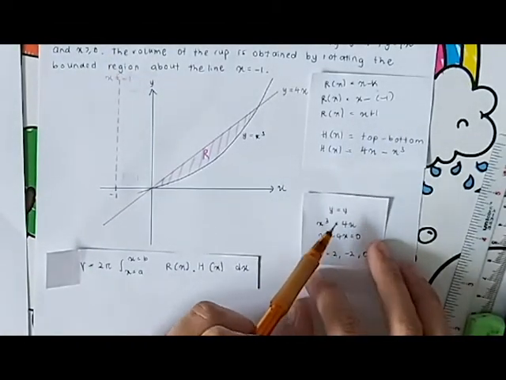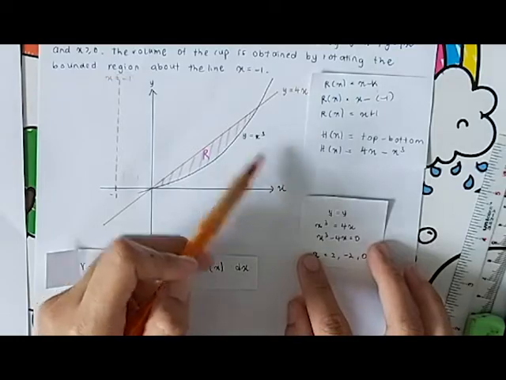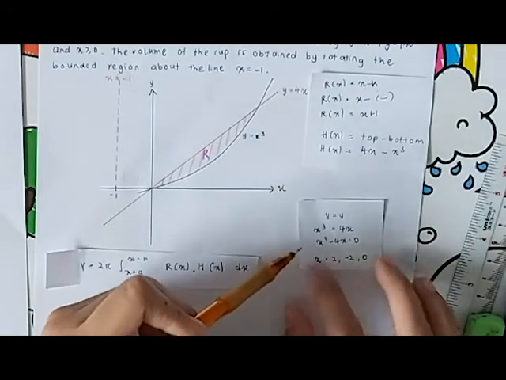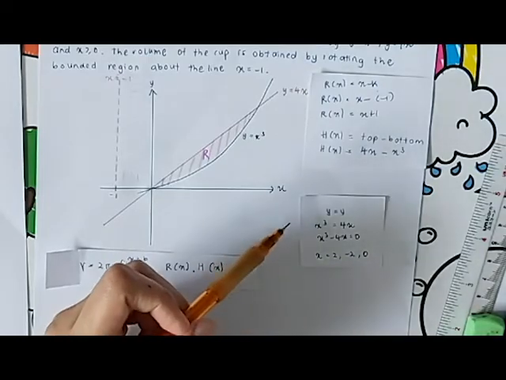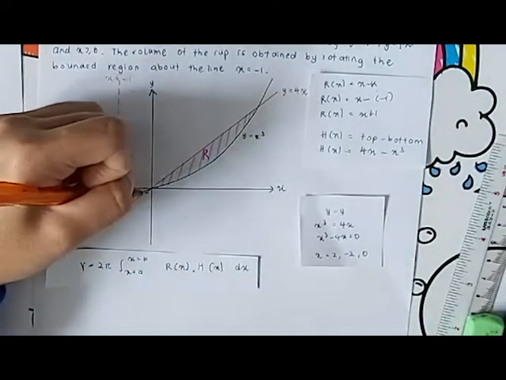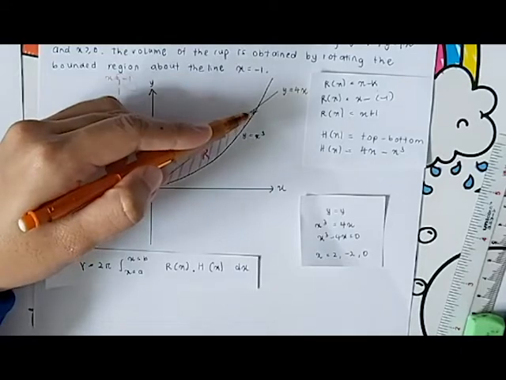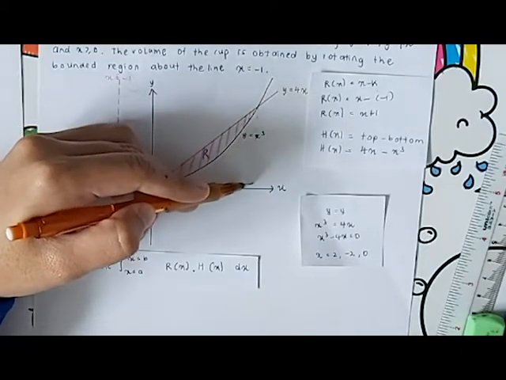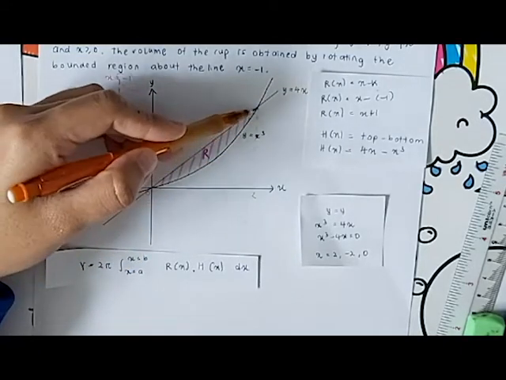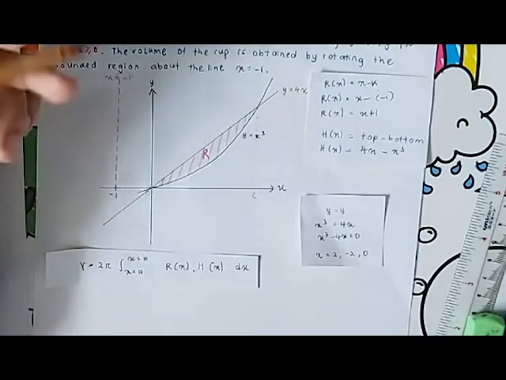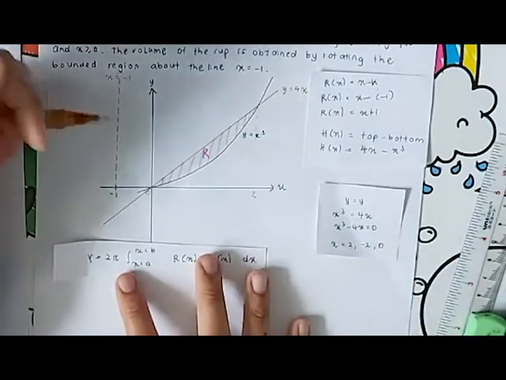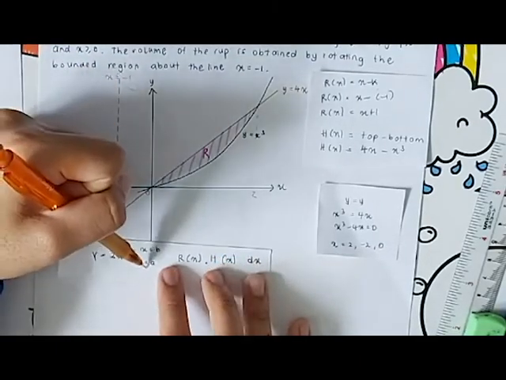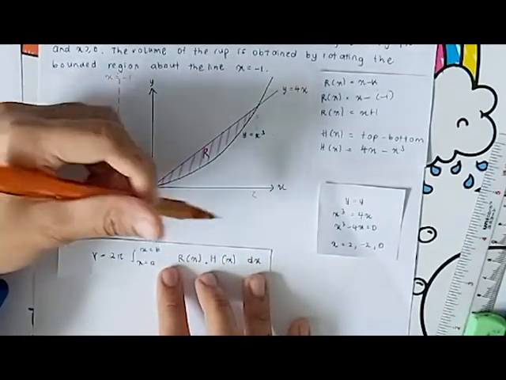Set y equals y, which is x cubed and 4x. And then do multiplication and you get x equals 2, negative 2 and 0. So 0 should be here and 2 should be here, because this is the point of their intersection. So now we know that a is 0 and b is 2.